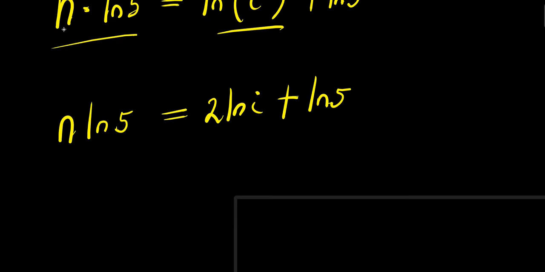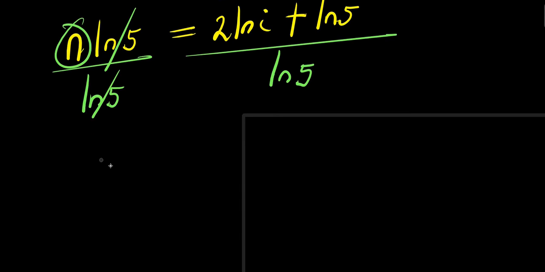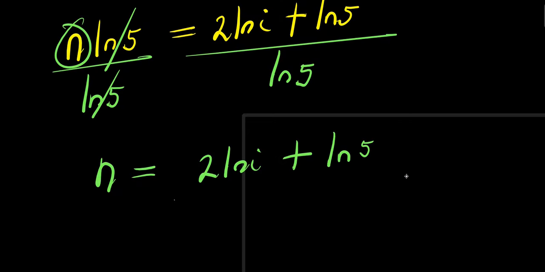So right now, isolating n, we divide this by natural log of 5, divide this by natural log of 5, this cancels this, simply have n equals 2 times natural log of I plus natural log of 5 divided by natural log of 5.